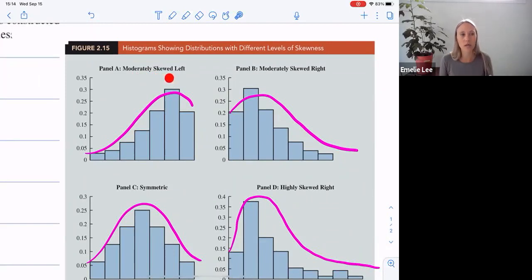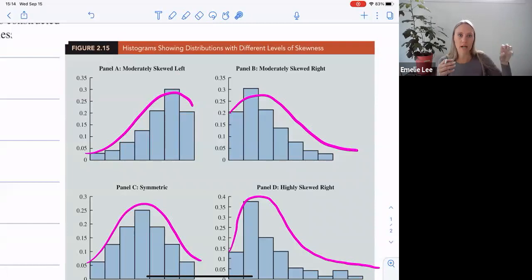And I don't know about you guys, but for me, when I look at this, I naturally want to talk about where most of the data is. No, right? What's going on here? It's skewed to the left. So we're talking about the tail, right? And so it's always skewed in the direction of the tail. And we're going to find that a lot, especially in statistics, that we're always concerned about those extreme values, right?